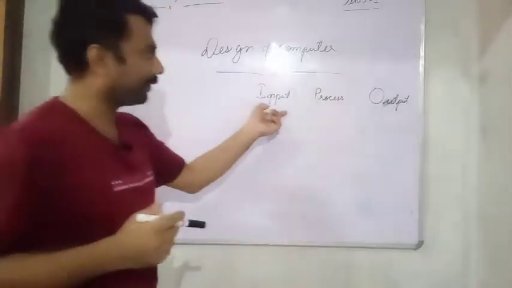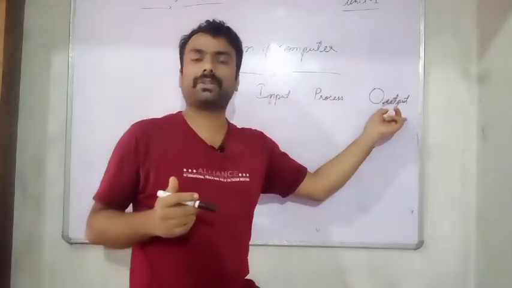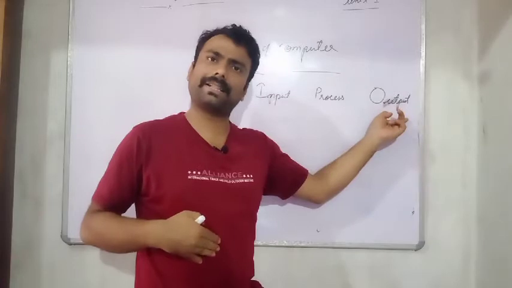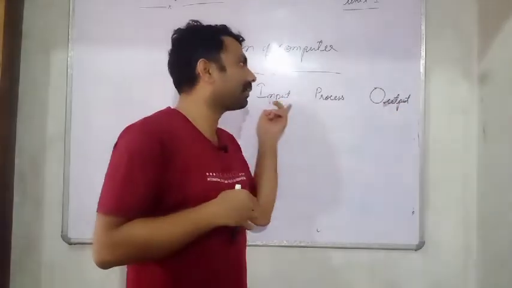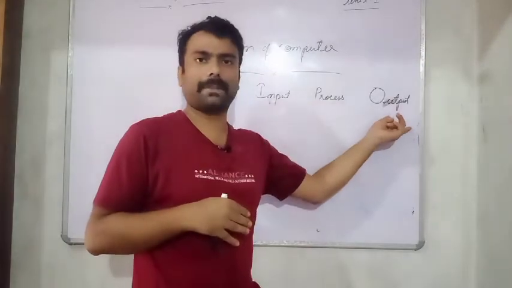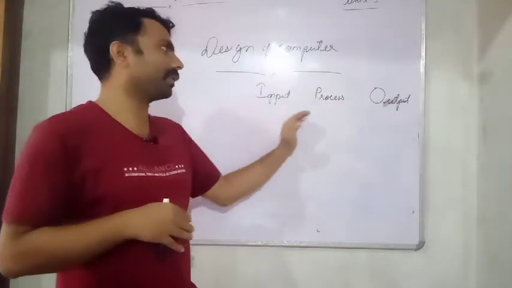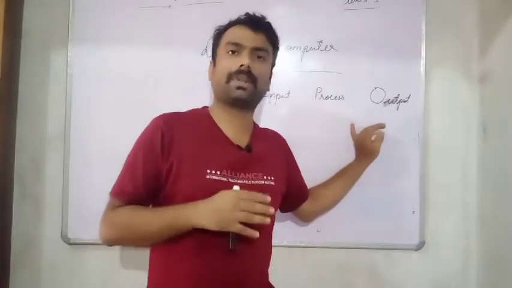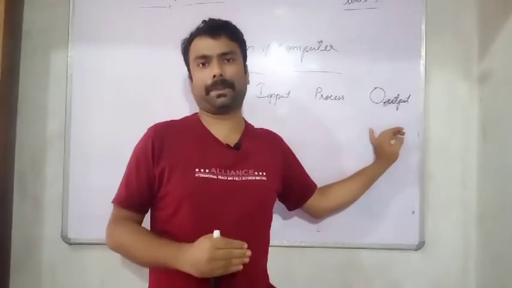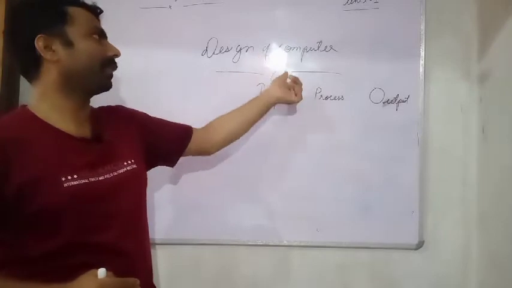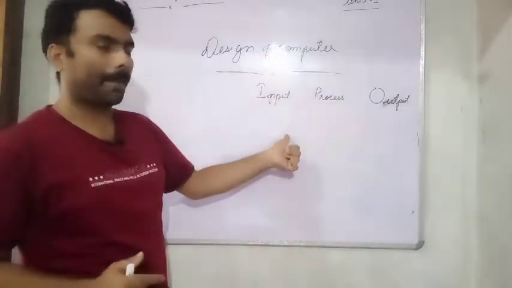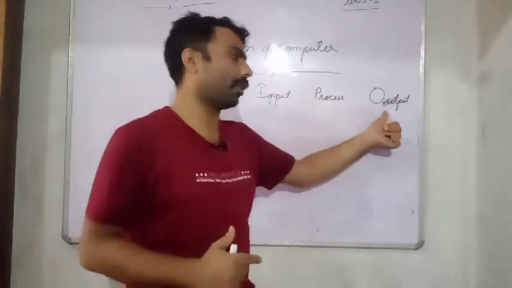This is a phenomenon which comes in our daily life. We also have to undergo these architectures. So this structure is common to everyone, not only machines, not only the computer. That's why the design of the computer is based upon input, processing, output.